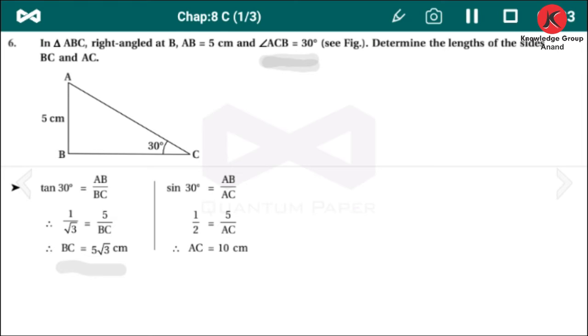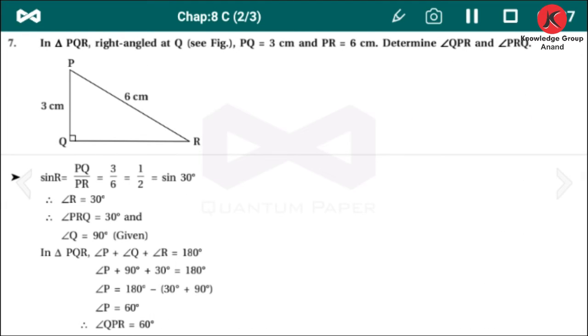Example number 7. In triangle PQR, right angle at Q. PQ is equal to 3 cm and PR is equal to 6 cm. Find angle QPR and angle PRQ.